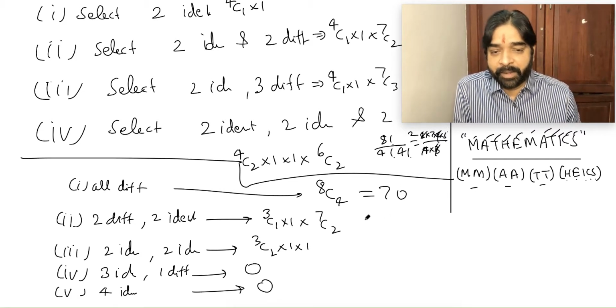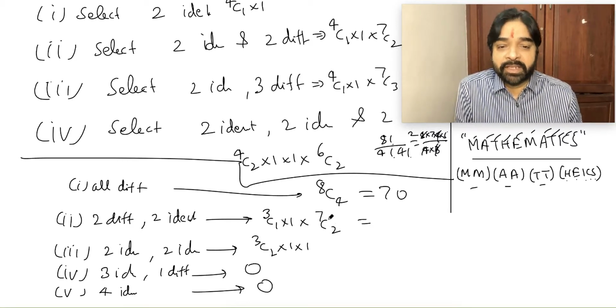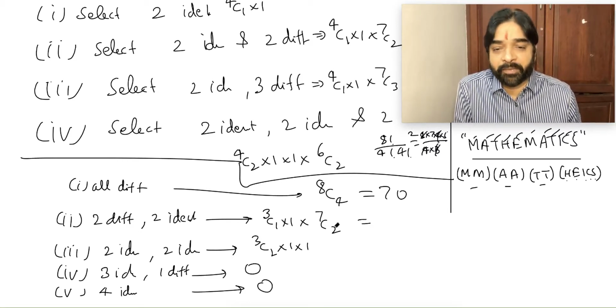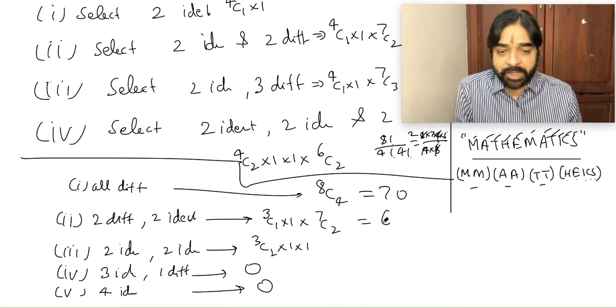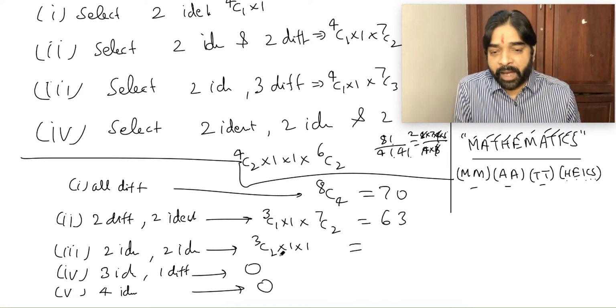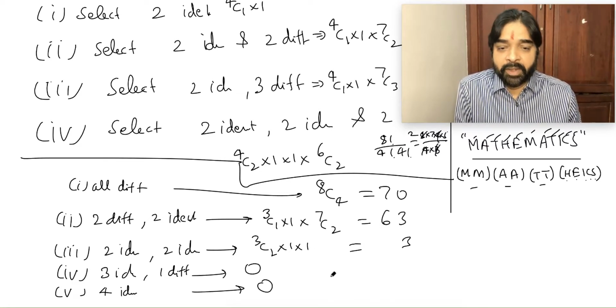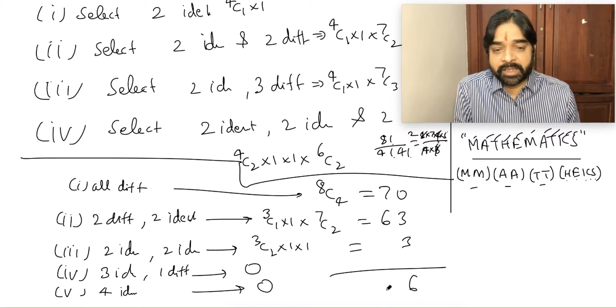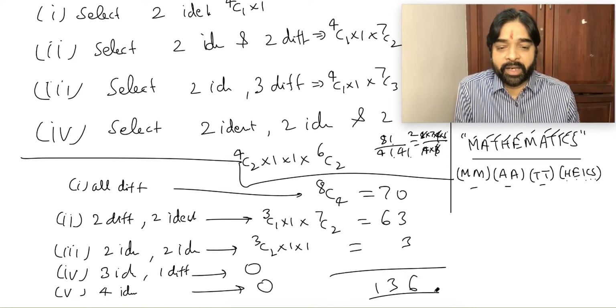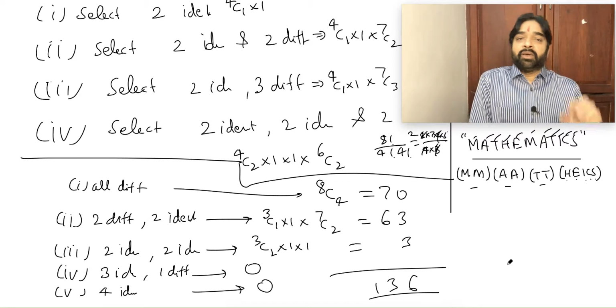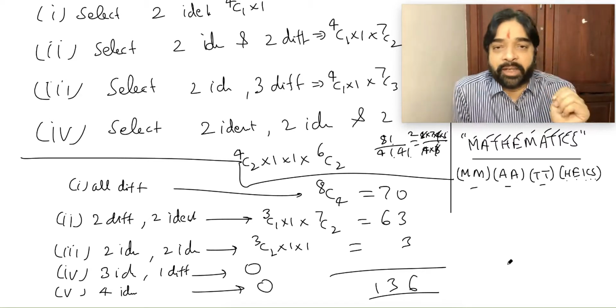This is the 70. 3C1, 3, 7C2, 7 into 6 by 2, 21. 21 into 3, 63. And 3C2, 3. So total will be what? 70 plus 63 plus 3, 136 ways are there to select 4 letters.